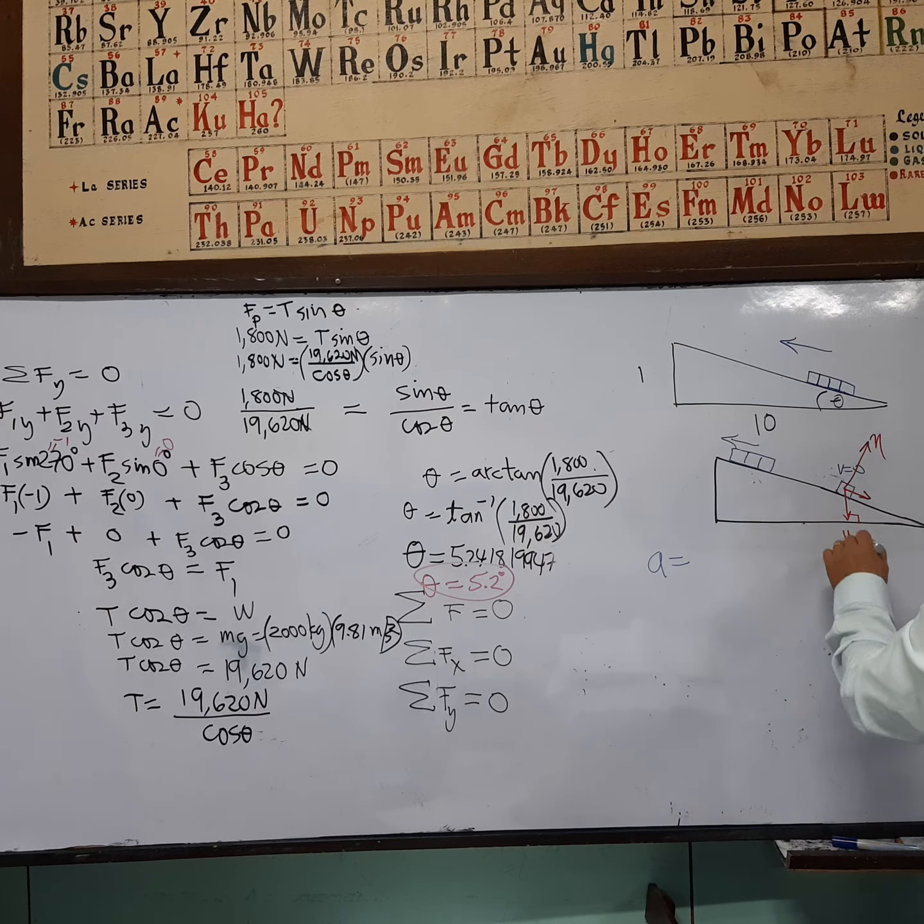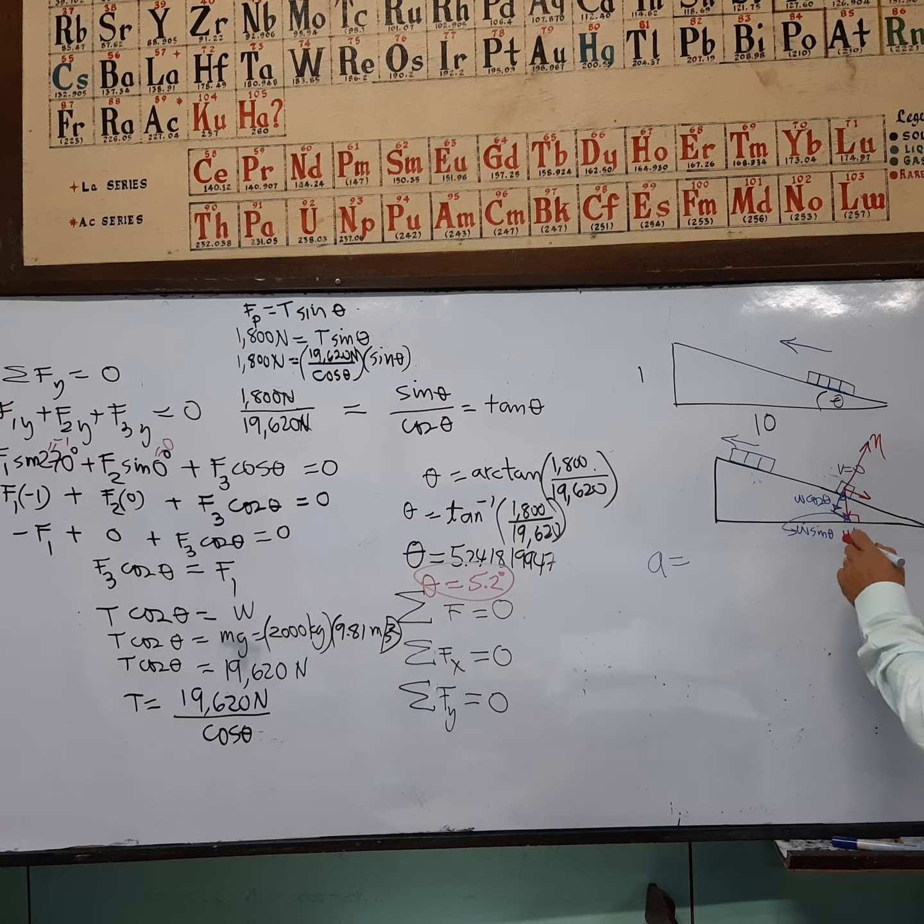This is W. It has two components. This component is W cosine theta. This is our theta. And this component is W sine theta. This component is W cosine theta.